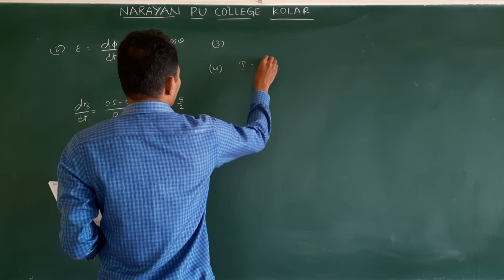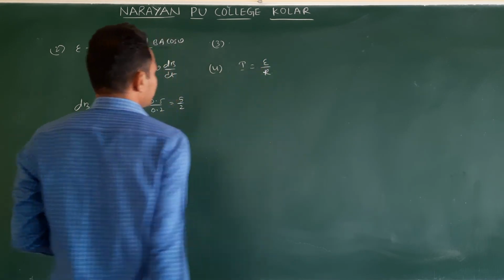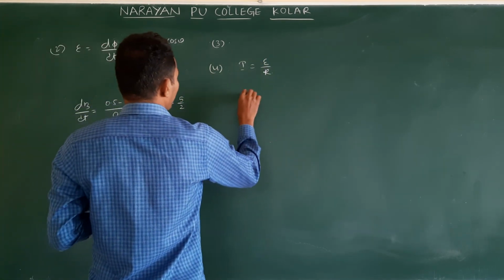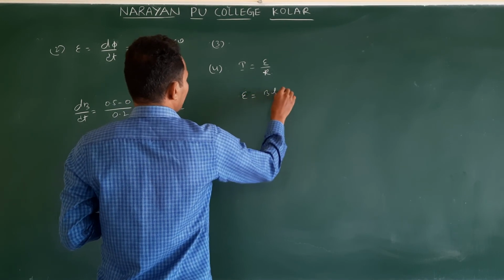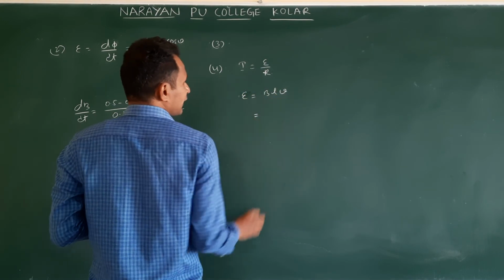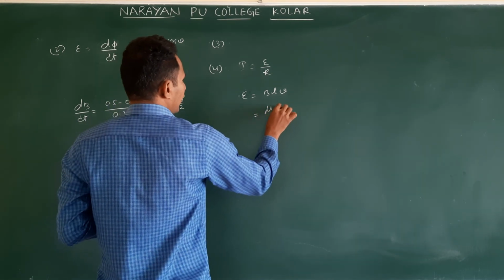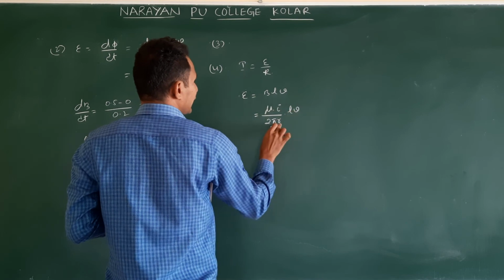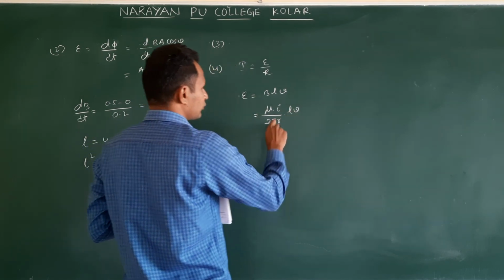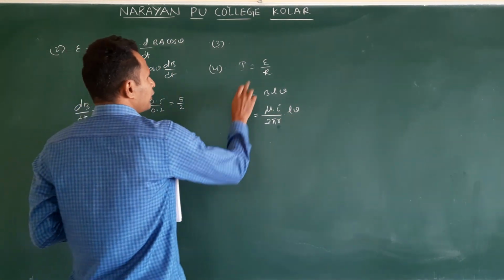Current is equal to E by R. Now we need to find the induced EMF. EMF is what? BLV. What is B at a distance R? Mu naught I by 2 pi R into LV. At a distance R they are asking. So substitute the E value here.